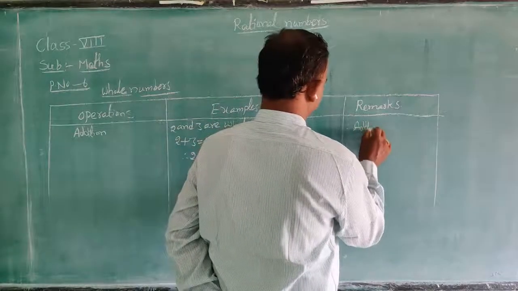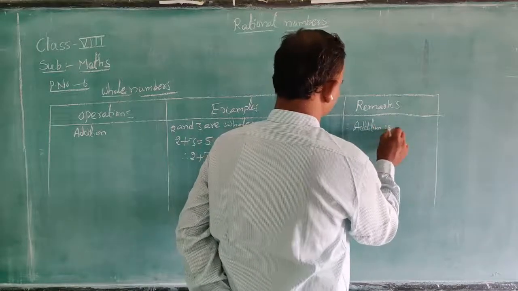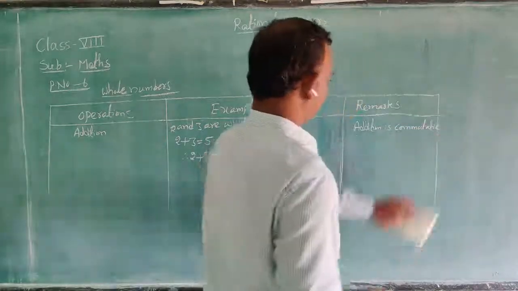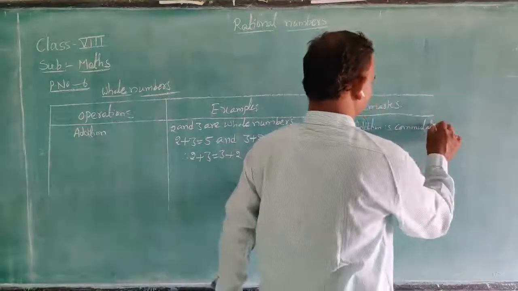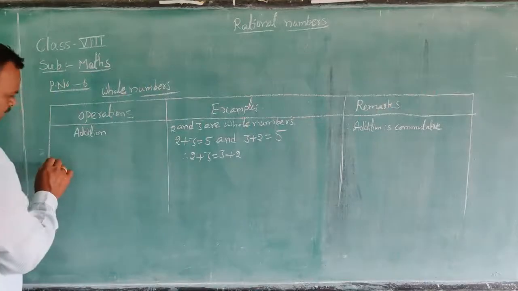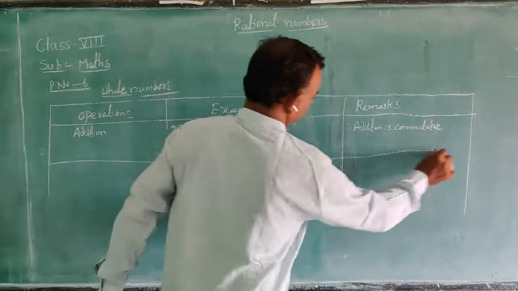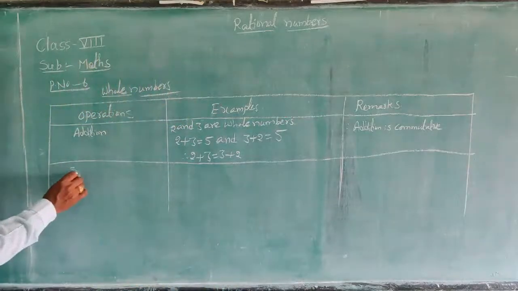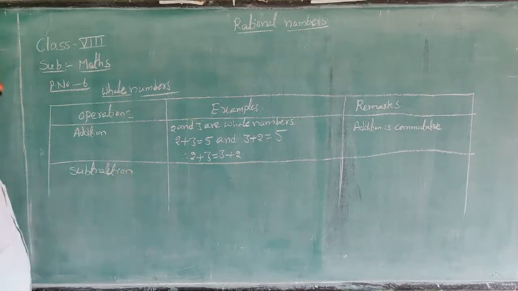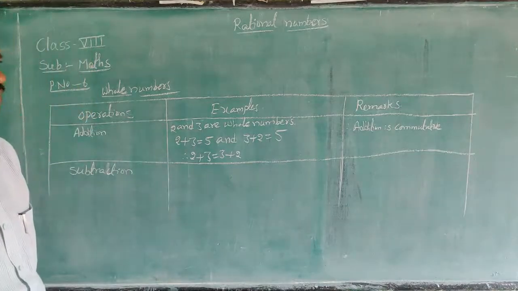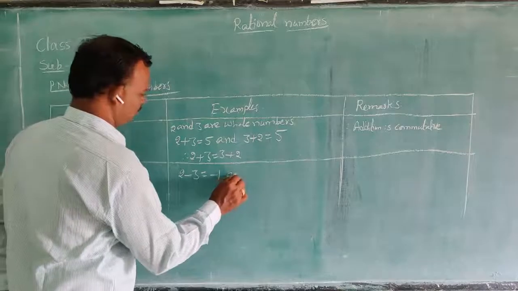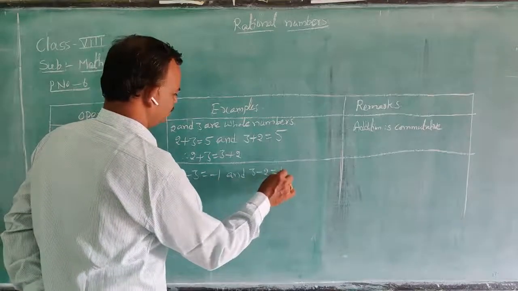The next one is subtraction. Here similarly 2 and 3 are whole numbers. 2 minus 3 is equal to minus 1, and we change the order. 3 minus 2 is equal to 1.